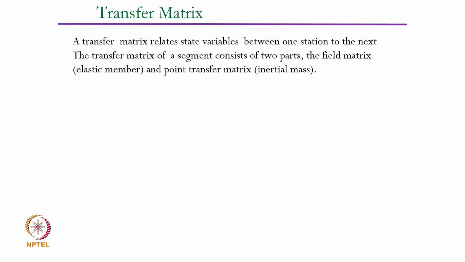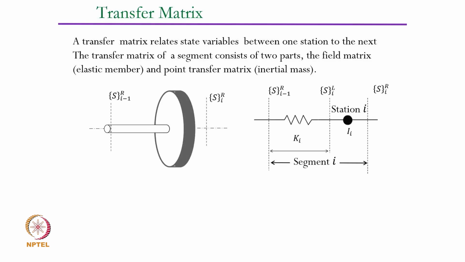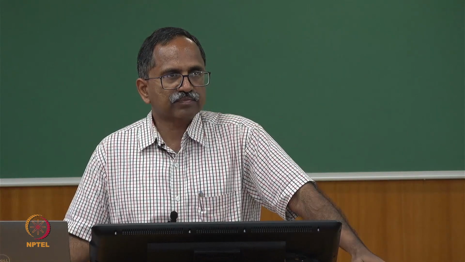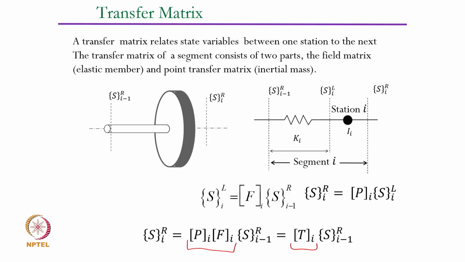So it relates the state variables from one station to the next station, and then it will have two parts. Obviously we discussed all of that, it will have a point matrix and field matrix, and that's how we showed that the product of this point and field matrix is going to be called the transfer matrix, capital T. So the transfer matrix here is a product of the point and field matrix.